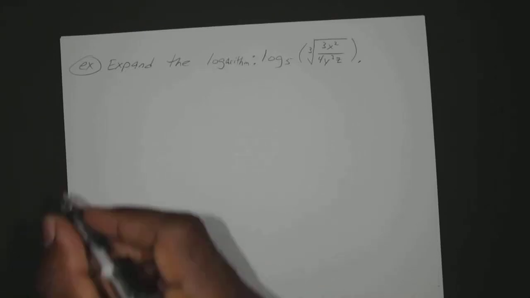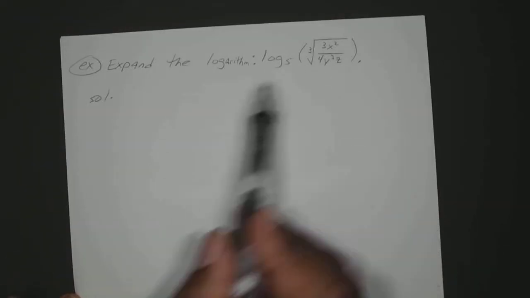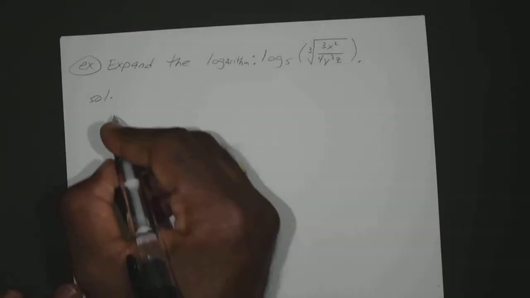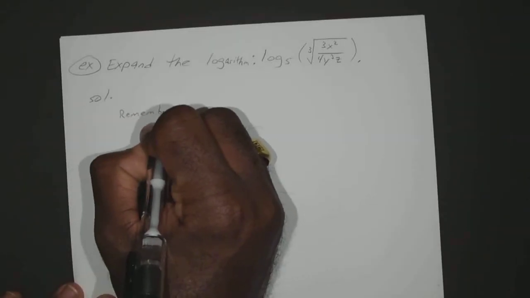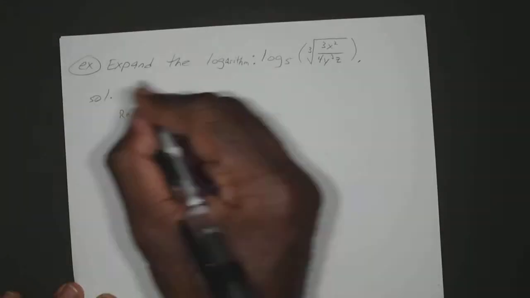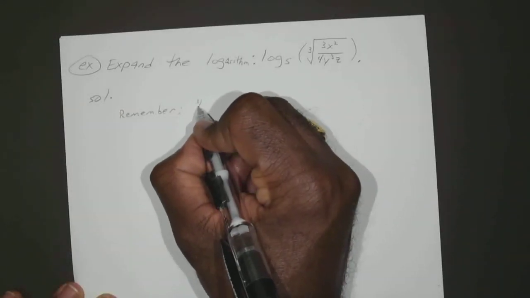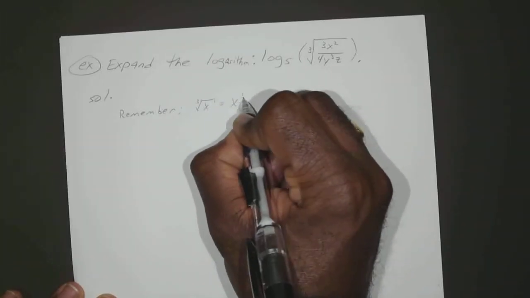So for this one, the first thing you want to do is get rid of that root symbol. The cube root of x is just x to the 1/3 power.